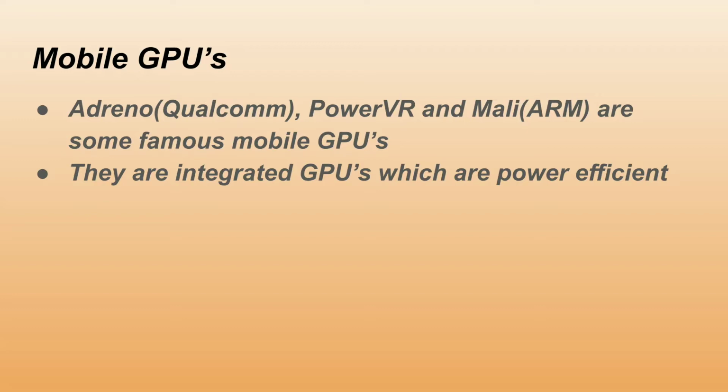As I already mentioned earlier, these GPUs are capable of performing complex mathematical computations with high throughput. High throughput is nothing but that it can perform a lot of instructions or computations per second. Using this characteristic of GPU, we can do something called GPU computing.